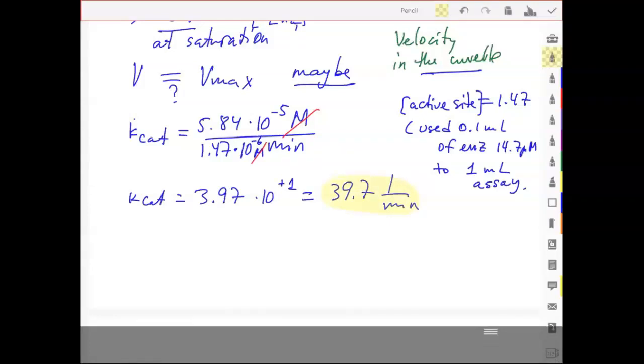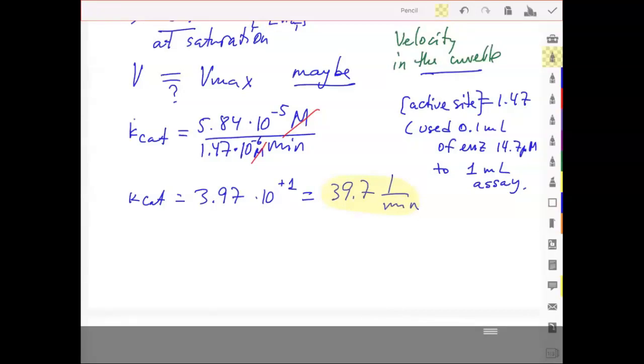All right, so the question becomes, is this a reasonable value for AP? So what we're saying with this kcat is about 40 molecules of product will be produced each minute by 1 active site, right? Is that a reasonable velocity at saturation?